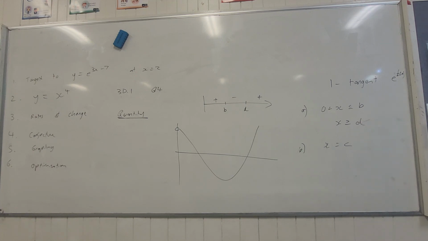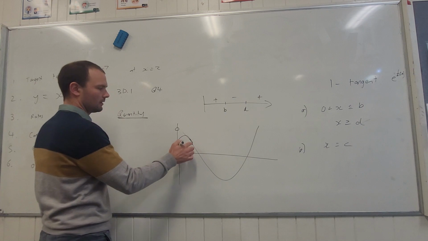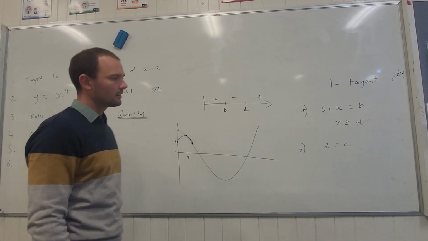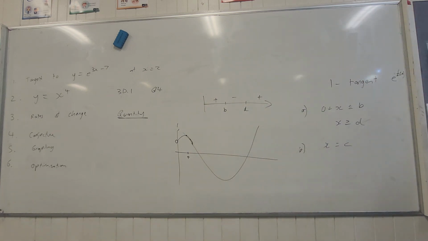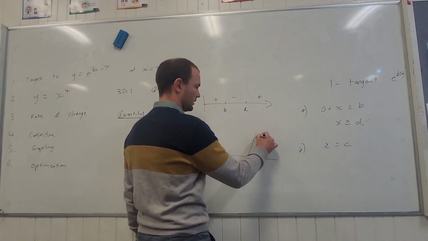So if we look here, there's a point of inflection at A, which means there needs to be a turning point at A. So there's some sort of local max here, the local max at x is A. Similarly, there's a point of inflection at x is E, so we're going to have a local max at x is E as well.